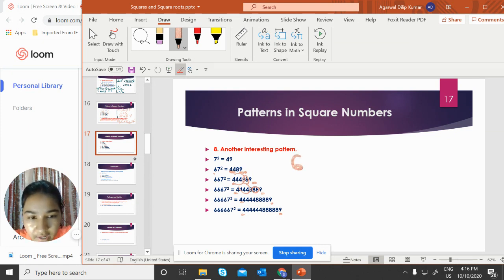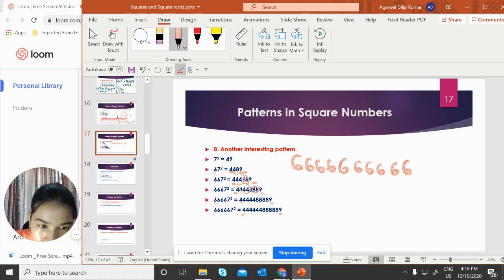So if we have to find the square of 1, 2, 3, 4, 5, 6, 7, 8, 9, 10 sevens, you're not going to do the whole calculation. It's going to be a simple trick. The 4 will be common at the start and the 9 will be common at the end. With 10 sevens, how many times will 4 come in between?